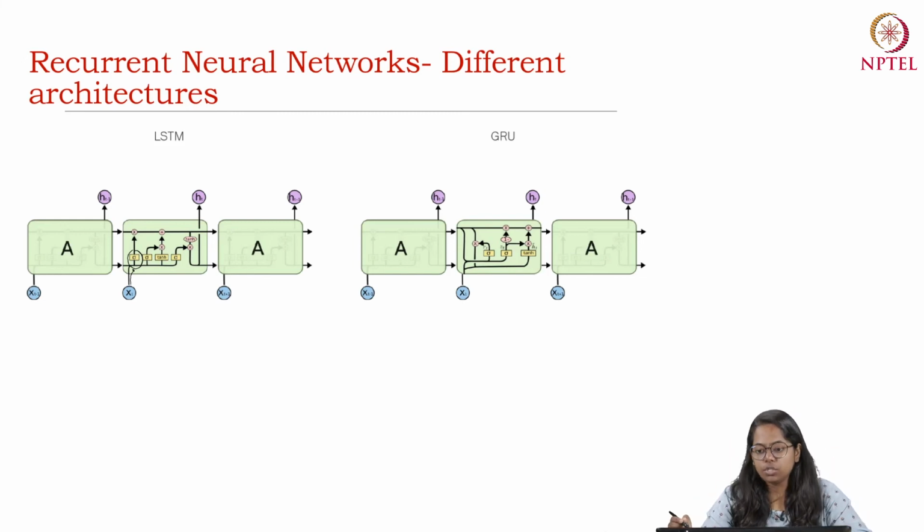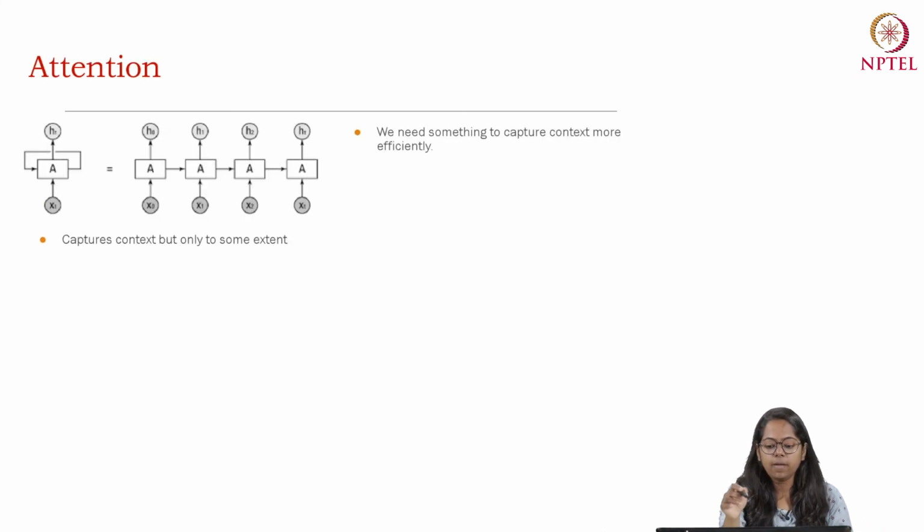Similarly, we have GRU, that is the gated recurrent unit, and we have another set of gates which perform in a different manner. These LSTMs and GRUs are basically different types of architectures of recurrent neural networks which can be applied to different applications based on the type of output and the input that we have, right?